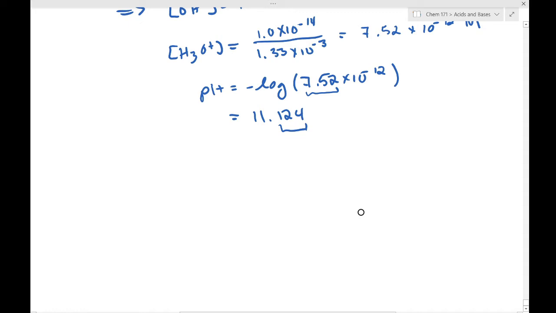Okay, next, I want to talk about an idea that comes out of the fact that we can have specific anions and cations acting as acids and bases. That means that if we form a solution using ionic salts that contain these anions or cations, we'll end up having an acidic or basic solution.